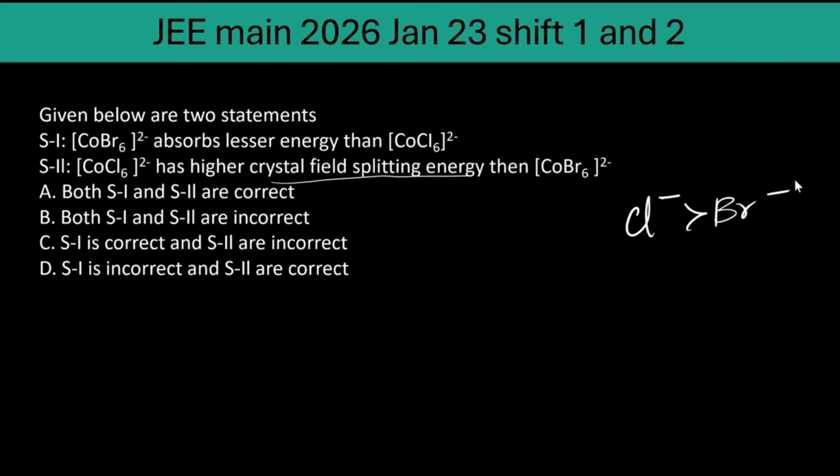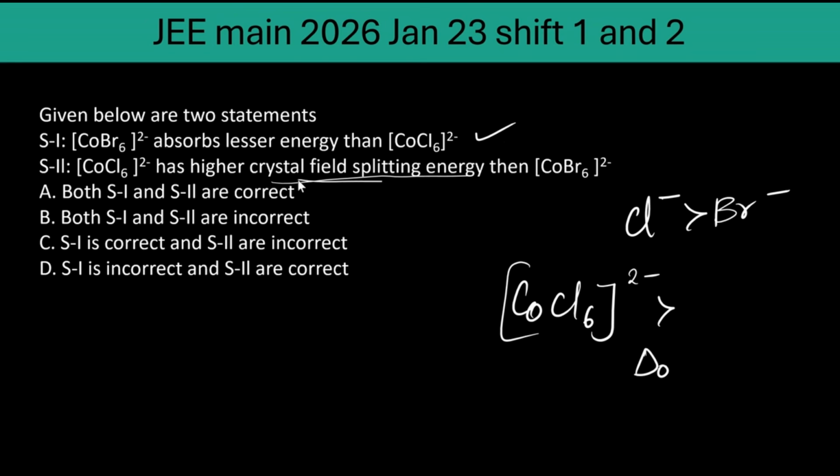So CoCl6 2- will have a larger crystal field splitting than the Br complex. So CoBr6 absorbs lesser energy than the CoCl6. So statement 1 is right. About statement 2, CoCl6 has higher crystal field splitting energy. Yes, so that is also right. 1 and 2 are right.